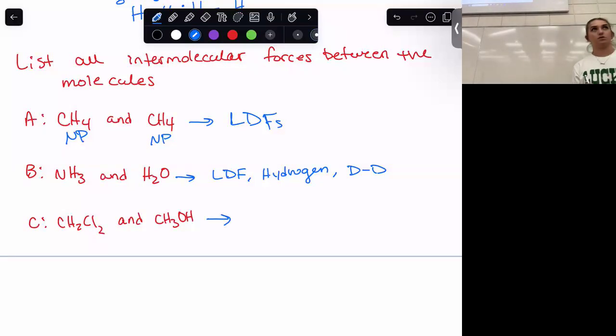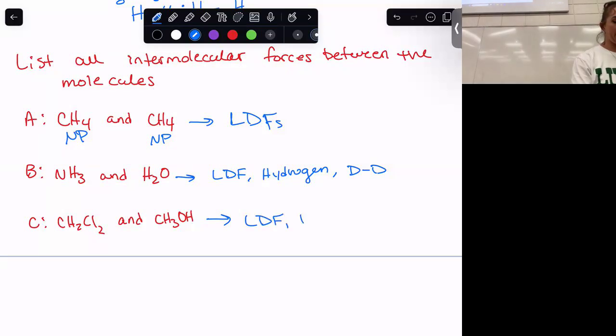Alrighty, and what about our last one? CH2Cl2 and CH3OH. We have LDF. Anything else? Just between CH3OH and CH2Cl2, we don't have any hydrogen bonds.